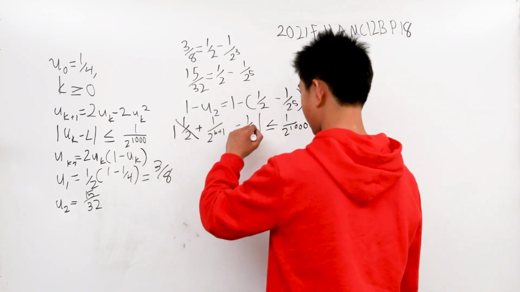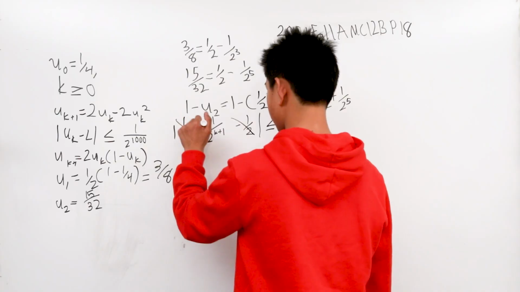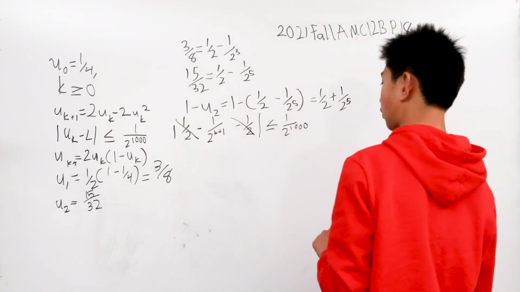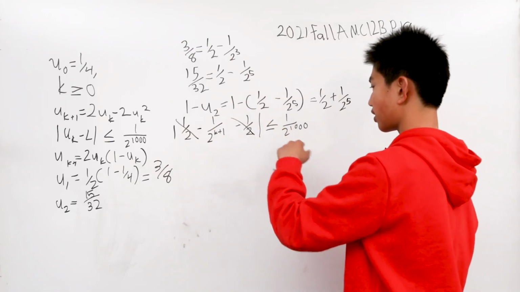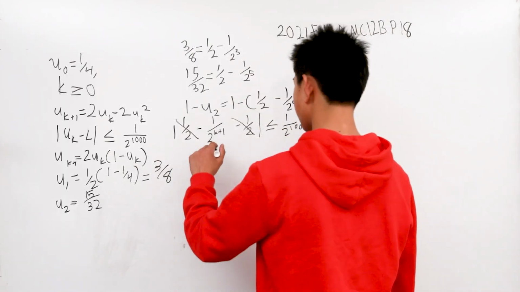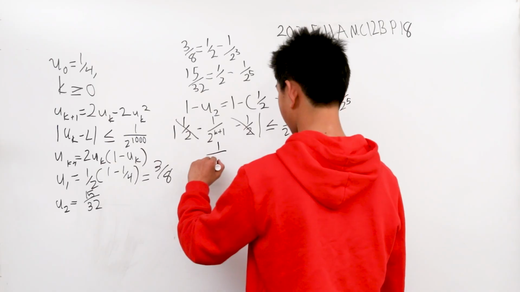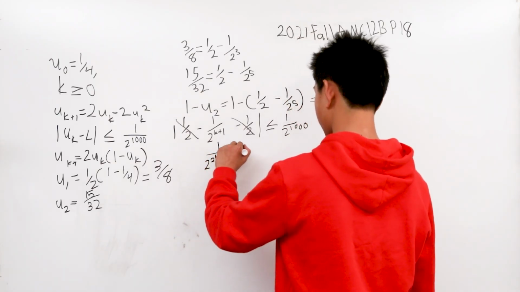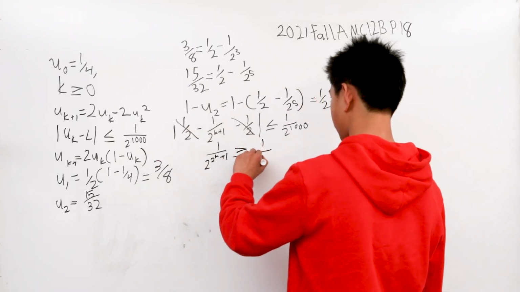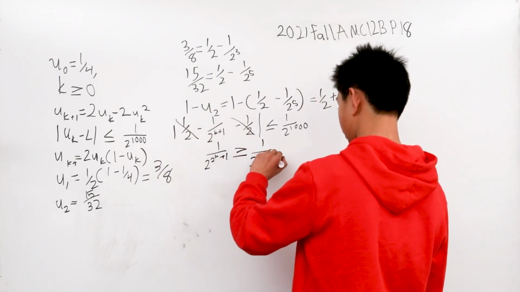These 1/2s cancel out. This is a minus. And then, since it's the absolute value, you want to switch the signs here, that's what you tend to do. So 1 over 2 to the power of k plus 1 is less than or equal to 1 over 2 to the power of 1000.